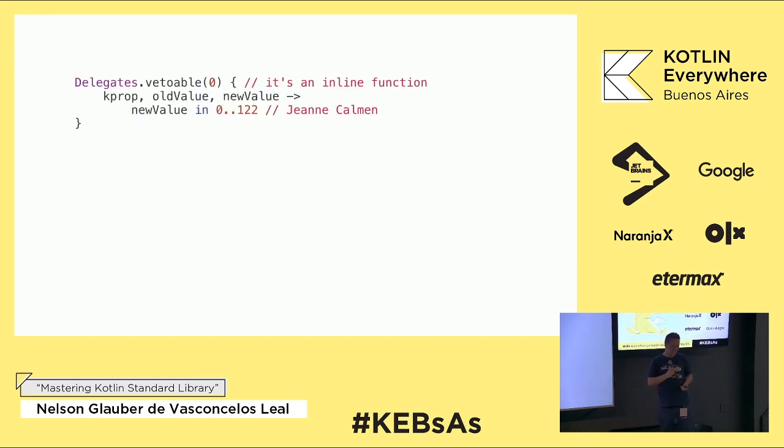Vetoable is another delegate, and it's very useful when you want to separate a logic for assignment in a given type. It's complicated, right? Let's see a good example here. This delegate is checking the age of a person, and I put here if the new value is between 0 and 122, which is the age of the oldest person in the world in accordance with the Guinness Book, Jeanne Calment.